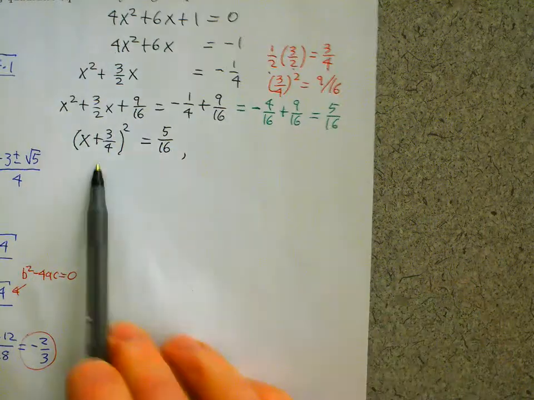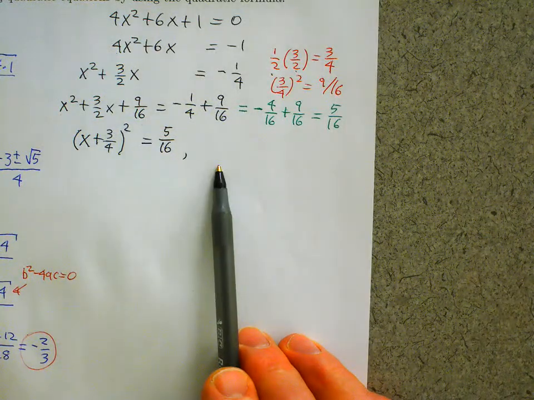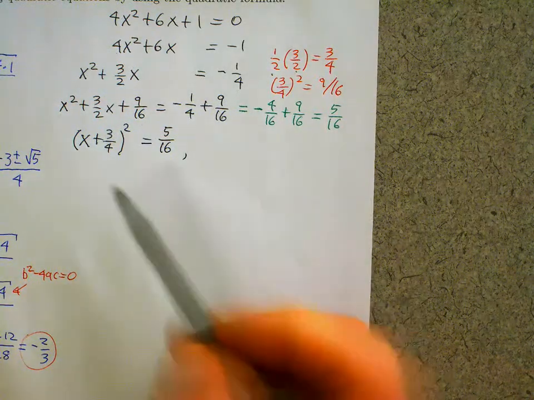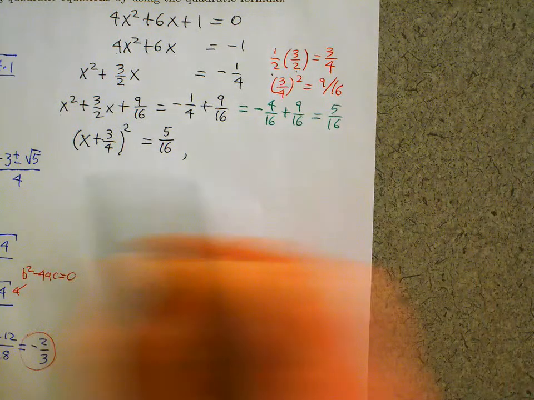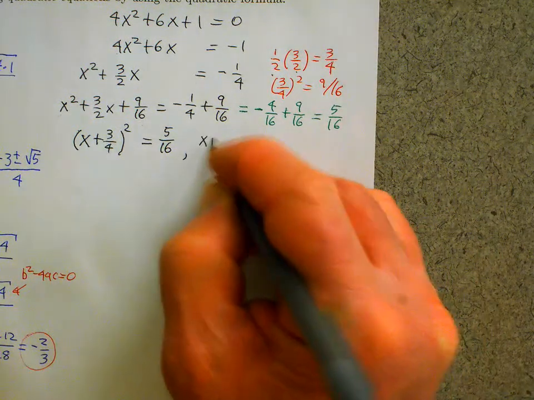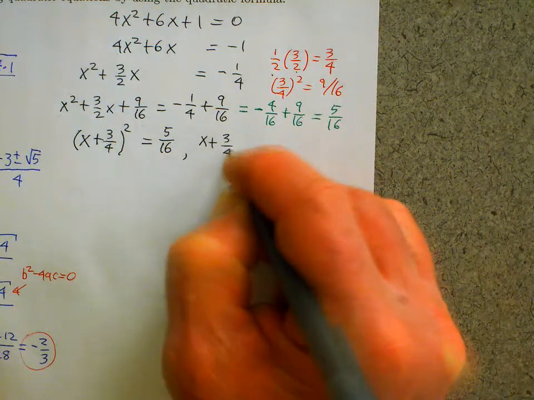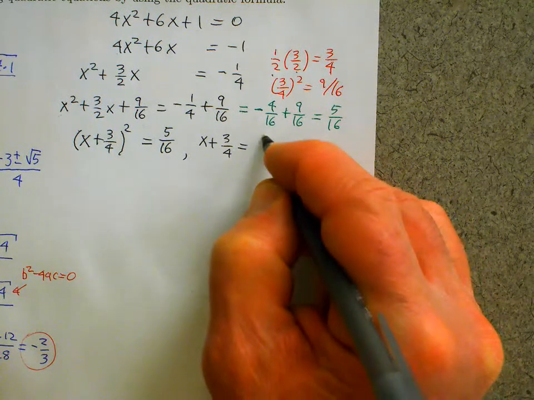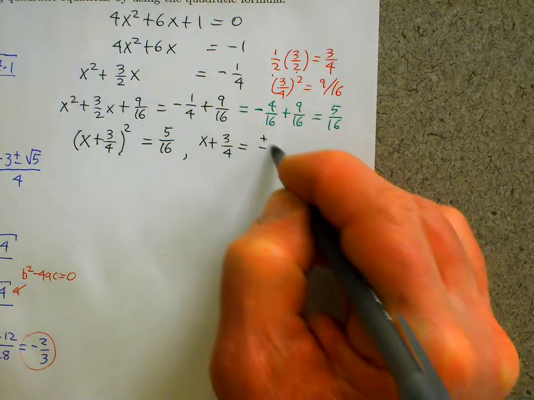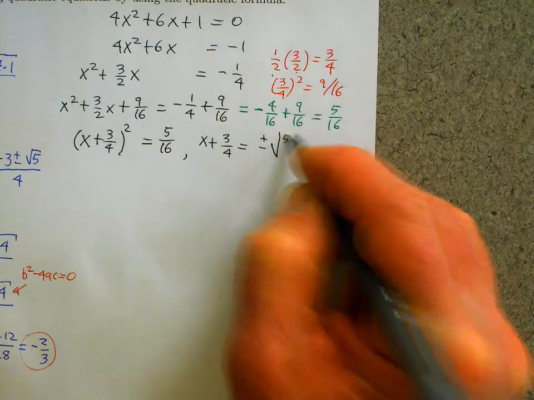Now we apply the square root property. When we apply the square root property, we get x plus 3/4 equals positive and negative square root of 5/16.